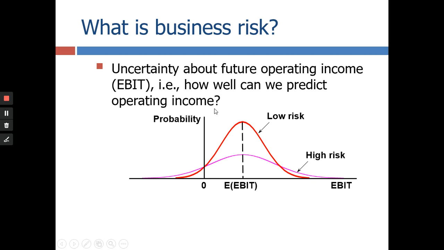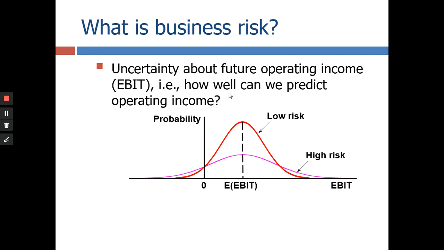They are uncertain of getting income. Those in the hotel and tourism industry have very uncertain revenue. So uncertainty about the future operating income is what we call business risk, how well we can predict the operating income.